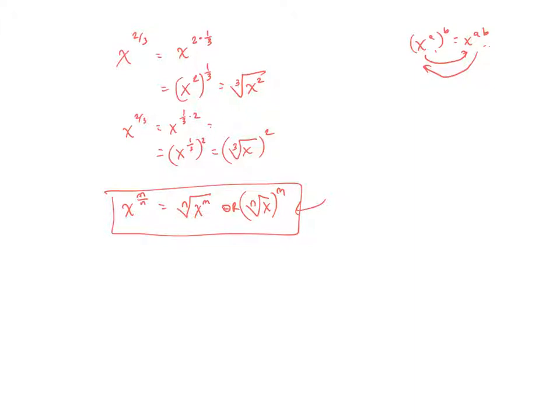So I want to give you 3 problems to try on your own. I'd like you to change these to radical form: x to the 2/3, y to the 5/2, and z to the, well, let's just do those two.